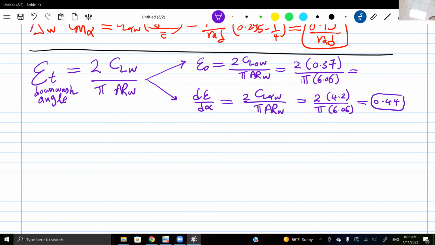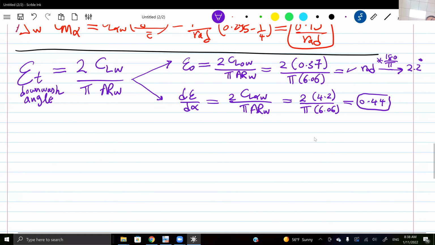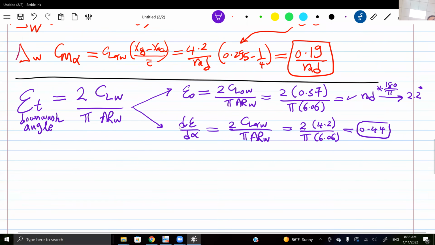We got it from here directly, of course, in the units of radians. And if I want to just visualize it to myself, I'm going to multiply by 180 over pi to convert it to degrees. If this is the case, it will be 2.2 degrees. So I got epsilon naught, and I got the d epsilon by d alpha if I ever need it.